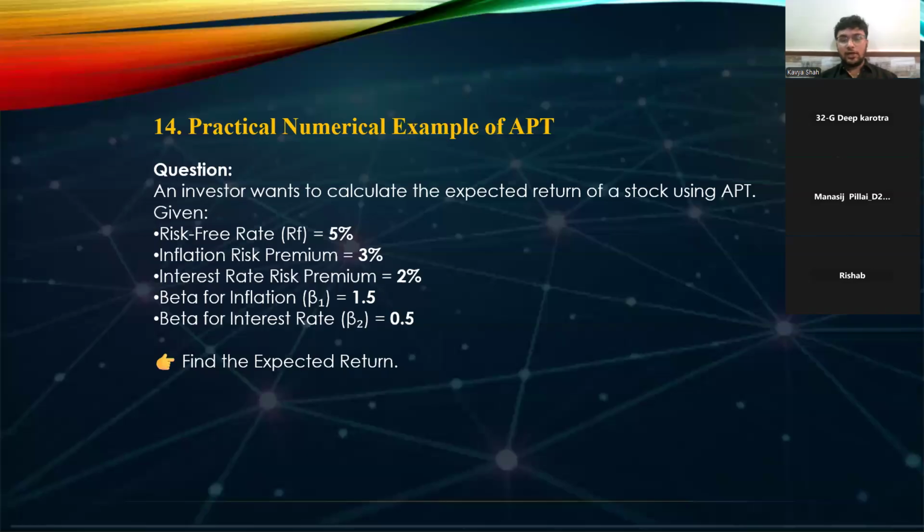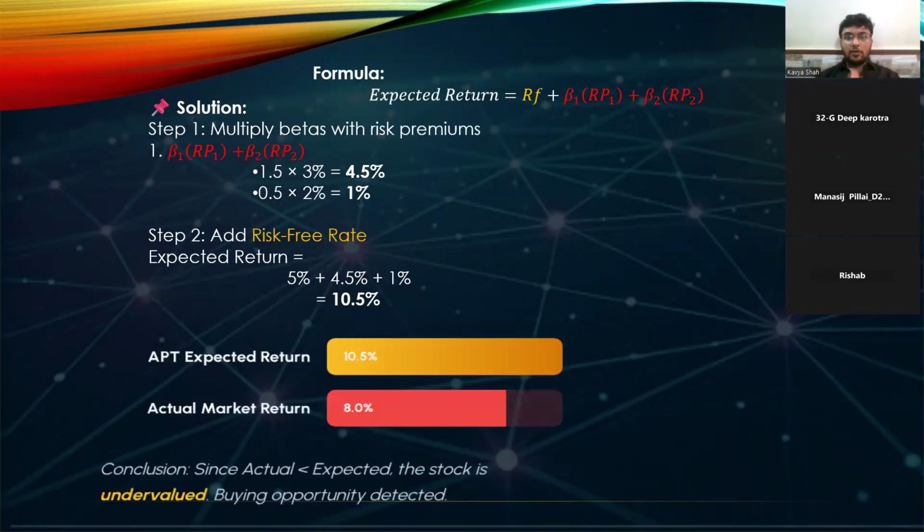If an investor wants to calculate the expected return of a stock using APT, the given risk-free rate is 5%, inflation risk premium is 3%, interest rate premium is 2%, beta for inflation B1 is 1.5, and beta for interest rate B2 is 0.5. So here is the formula: RF plus B1 into RP1 plus B2 into RP2.